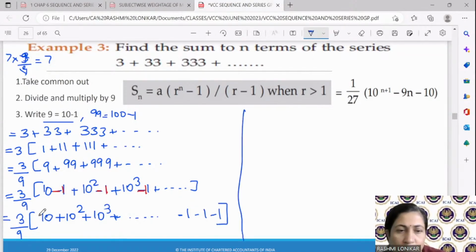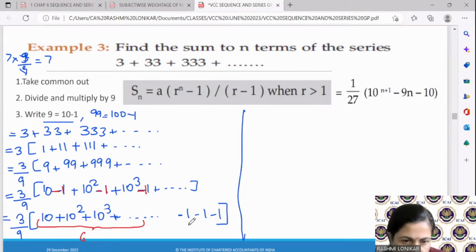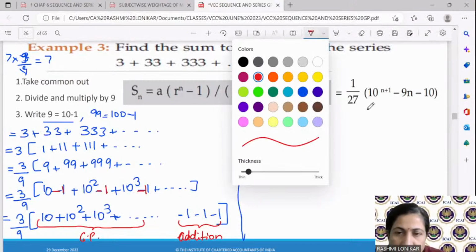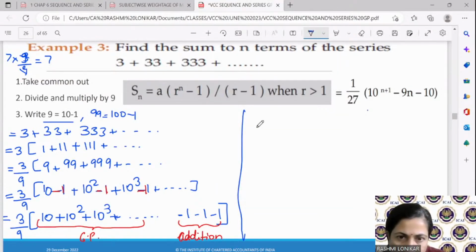Now what I will do is, this is a GP, and this is simply an AP, or this is simply an addition. So what I have is, this is equal to 3 by 9 times 10 plus 10 square plus 10 cube and minus.